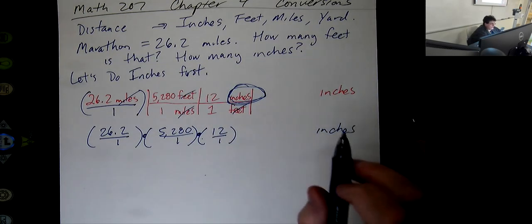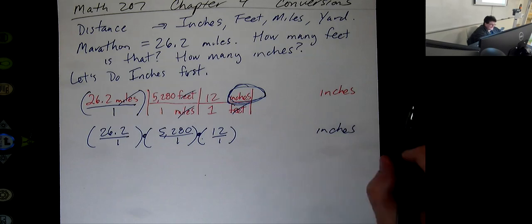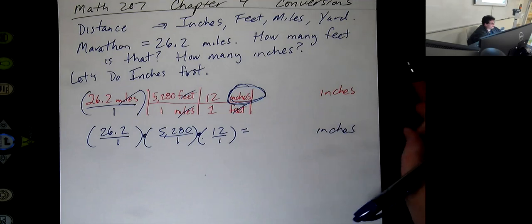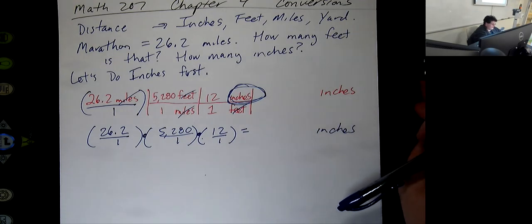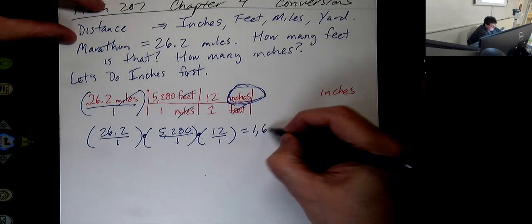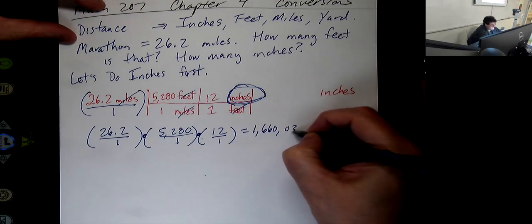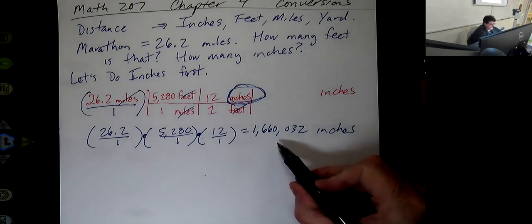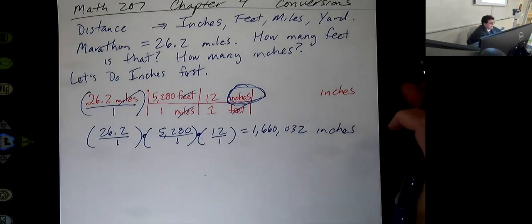So, how many inches do I get? 1,660,000. Did anyone else get that? That's what you read to me. Is that the number you see? Okay. I was making sure I was saying it correctly.